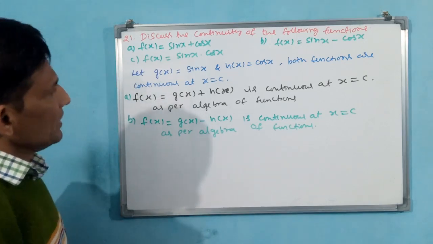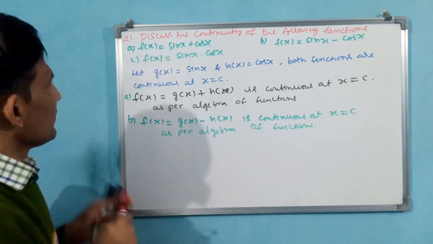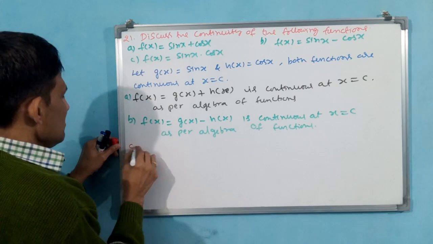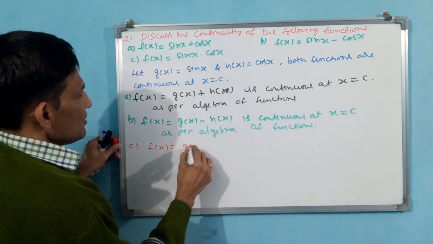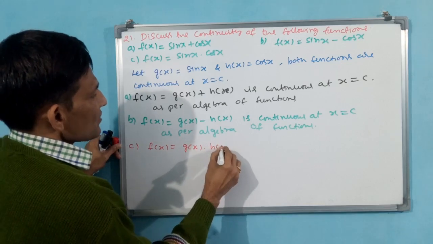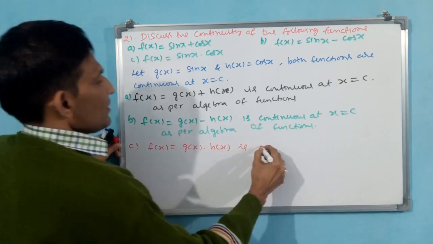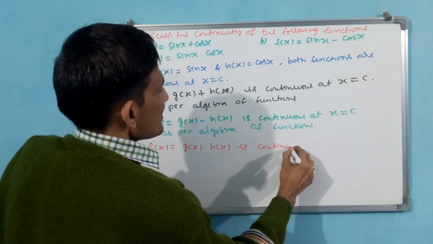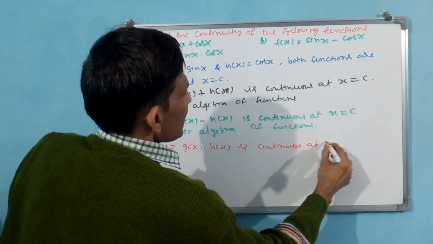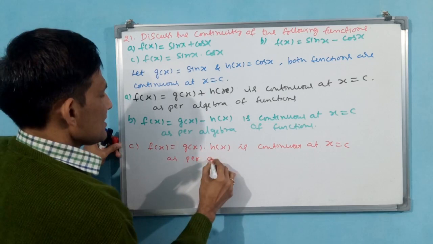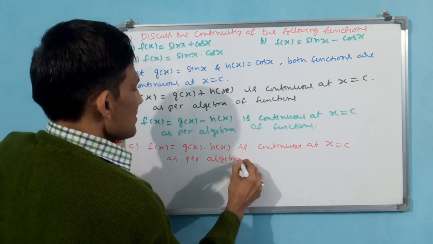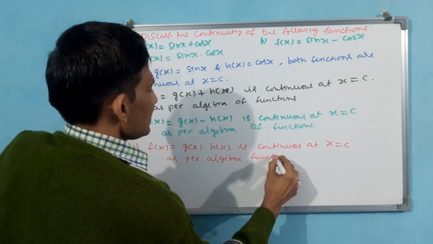Let us proceed further for C. f of x is equal to g of x into h of x is continuous at x is equal to c as per algebra of functions.